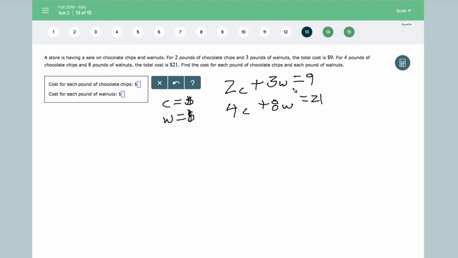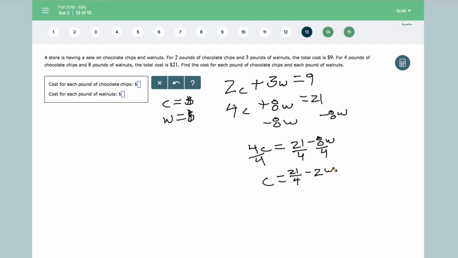How do we solve it? Well, now we just solve one of them for C. Being as this one's on the bottom and it just seems easier, I'm going to minus 8W, and I have 4C equals 21 minus 8W, divided by 4, and divided by 4 gives me C equals 21/4 minus 2W.